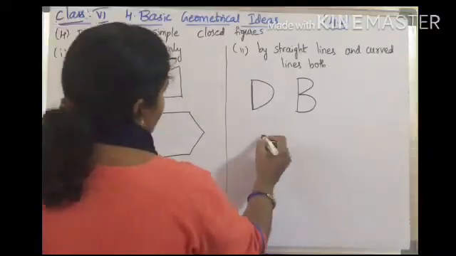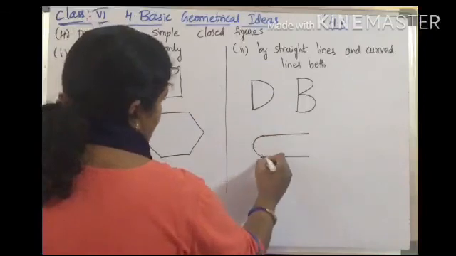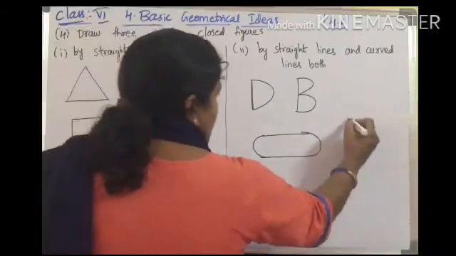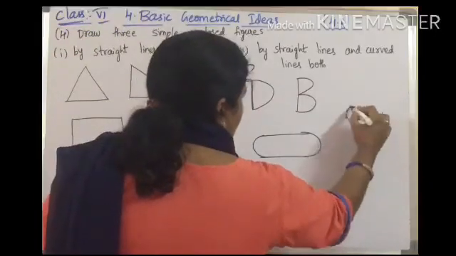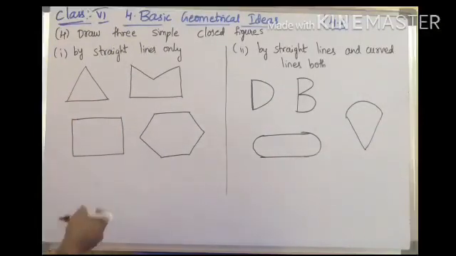Next here, these two are straight and these are curved. Like this you can draw figures which contain both straight lines and curved lines. So by this sum we completed exercise 4.2.